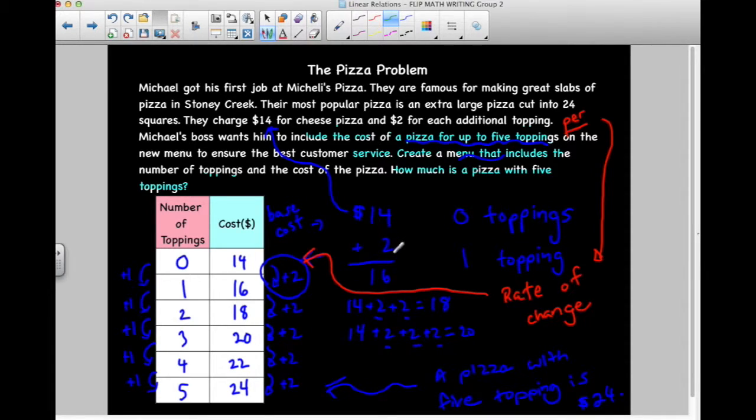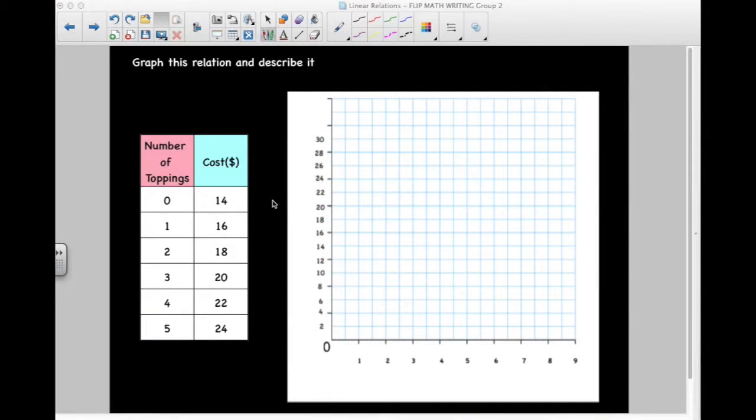We also noticed that we had a base cost here, the cost of our cheese pizza, and we also found out that the cost per topping represented our rate of change. So to answer the question, is the relationship between the number of toppings and the cost of the pizza linear or non-linear? Let's try and graph this and see what it looks like on a graph.